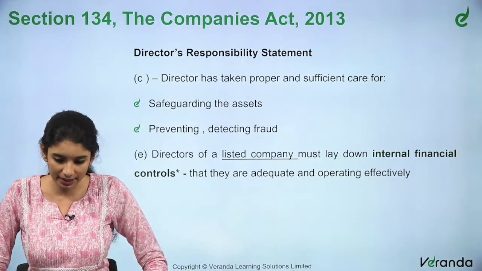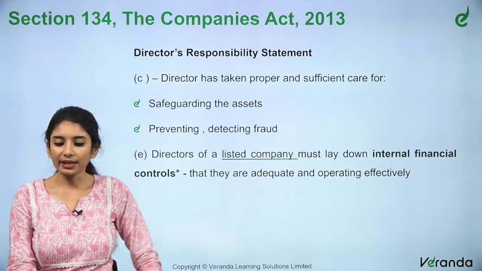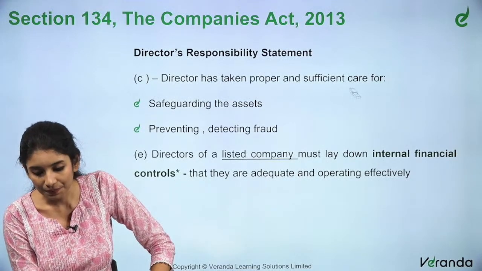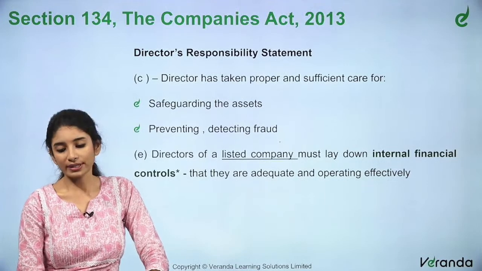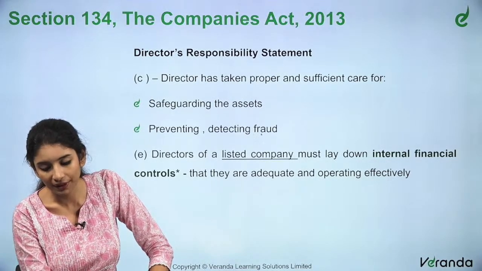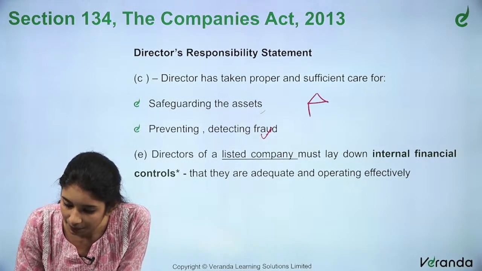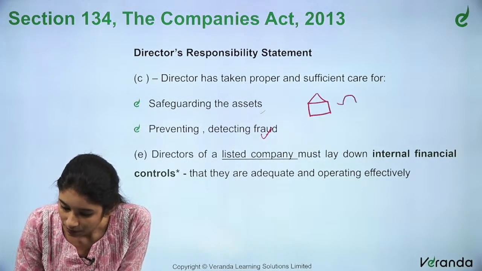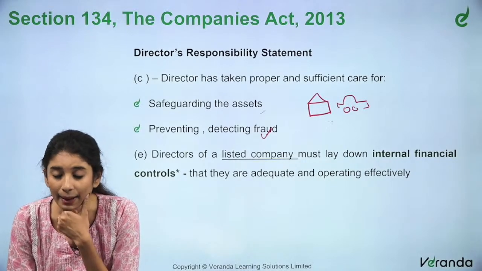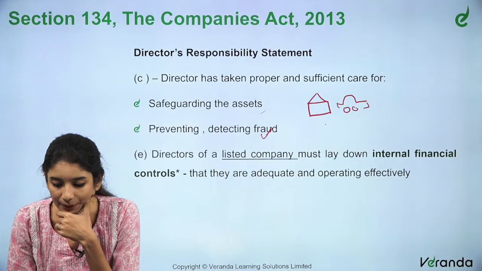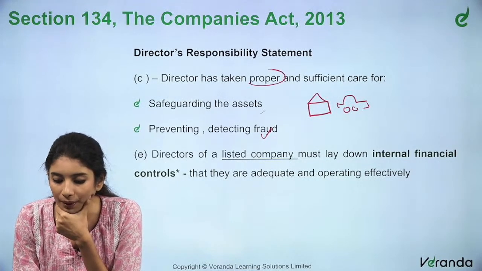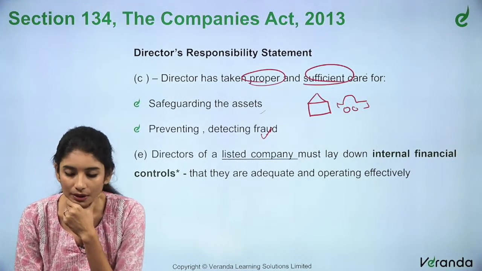The director has taken proper and sufficient care for what? For safeguarding the assets of the company and for detecting and preventing frauds that can happen. He has taken proper and sufficient care.